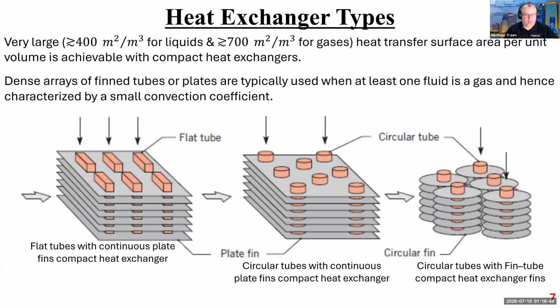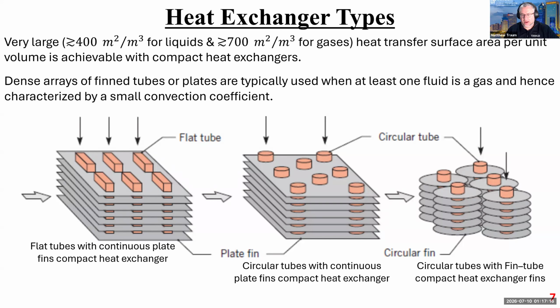So here's a couple of arrangements. They're all very similar. So we have flat tubes with continuous plates that are acting as fins in a compact heat exchanger. Right here, we've got basically the same arrangement, except instead of square passageways for the fluid, we have circular passageways for the fluid, right? So this is circular tubes with continuous plate fins in a compact heat exchanger.